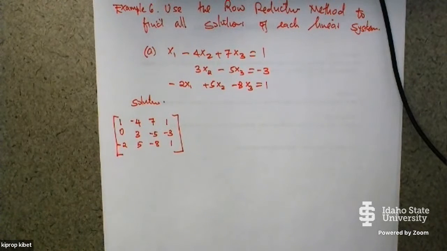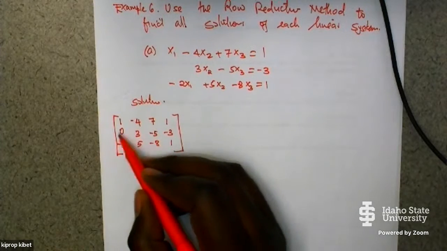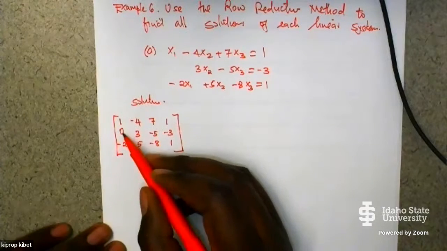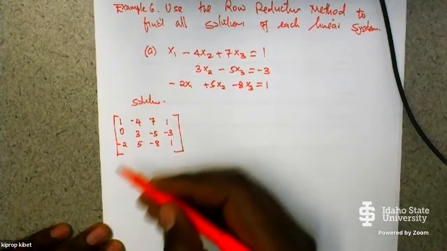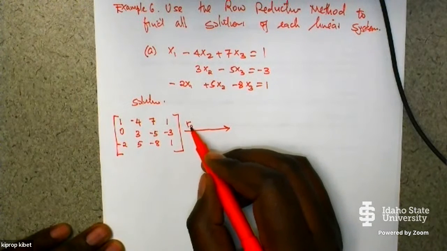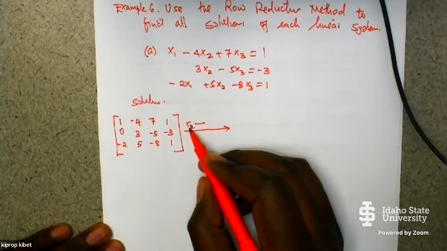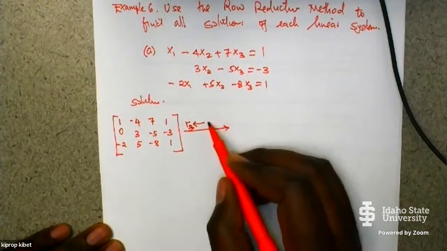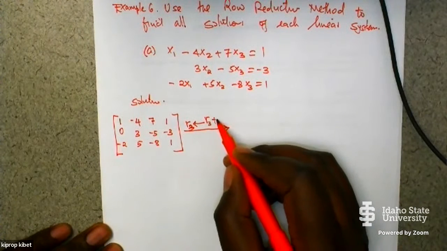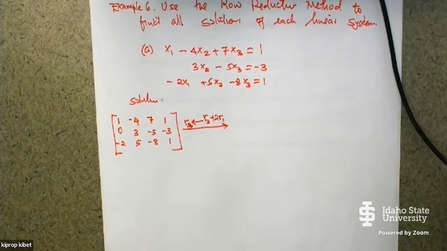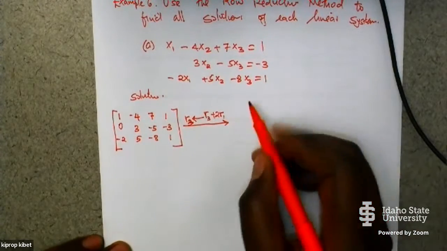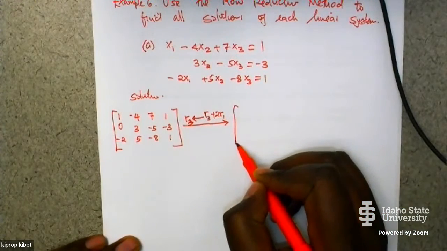Now we reduce. They have already reduced the first part for you to the echelon form. Then you go to the next one. How can we get the new R3? The new R3 will be R3 plus 2R1. We want to make this one 0.